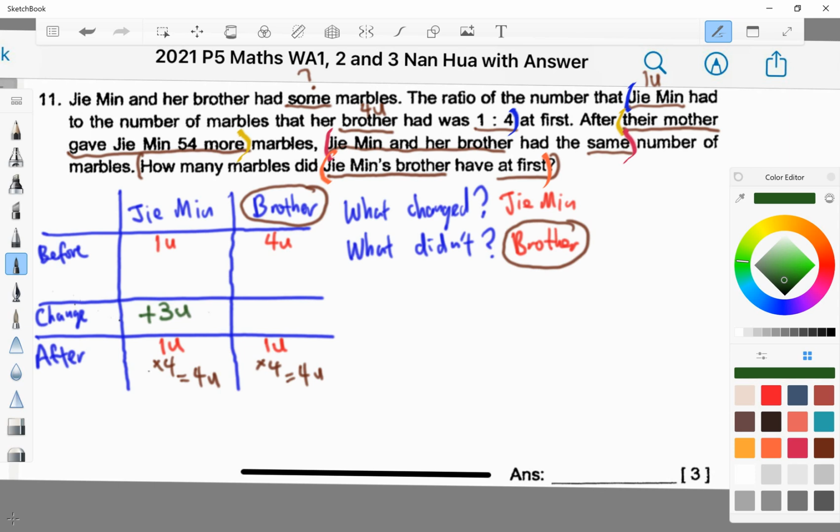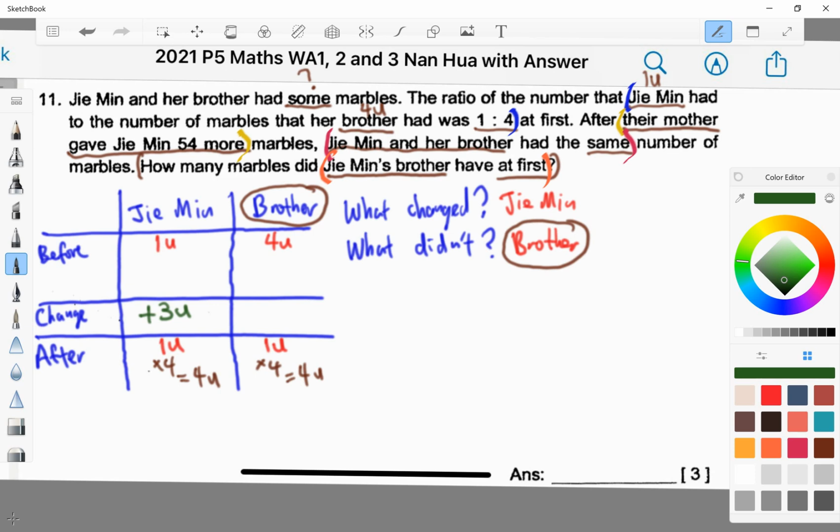At the start, Jiamin has 1 unit. In the end, Jiamin has 4 units because after she received 54 more marbles from her mother, she has the same number of units as her brother. So her brother all along had 4 units. And in the end, the brother also had 4 units because nothing happened to her brother from the beginning to the end.